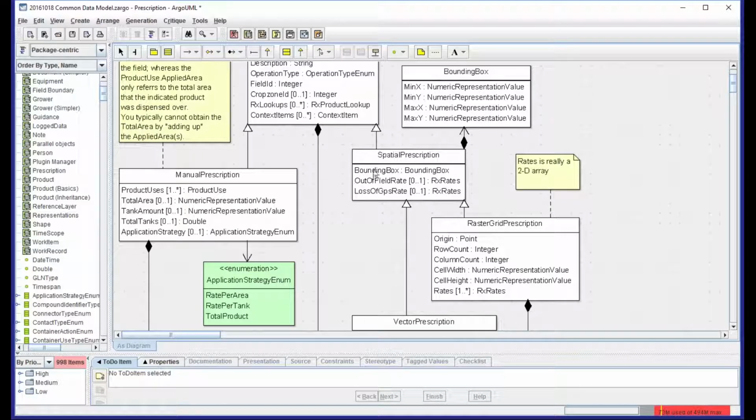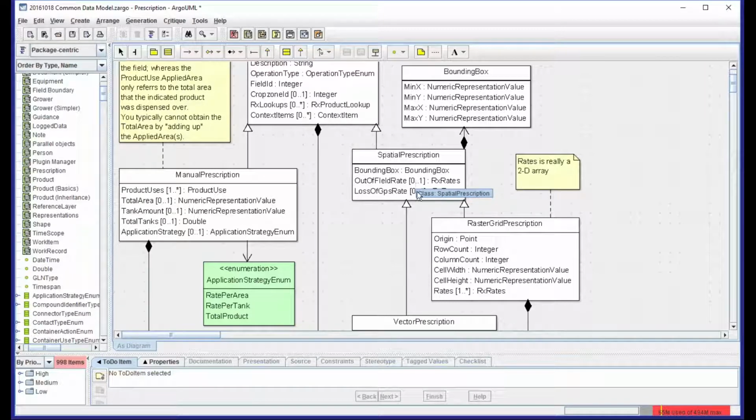First, spatial prescription has a few properties that are common to all spatial prescriptions. A bounding box, for example, which gives us coordinates of the corners of that bounding box, an out of field rate and loss of GPS rate, which are quite standard across the industry, and allow the machine to know what to do with the rate of the product under abnormal conditions.